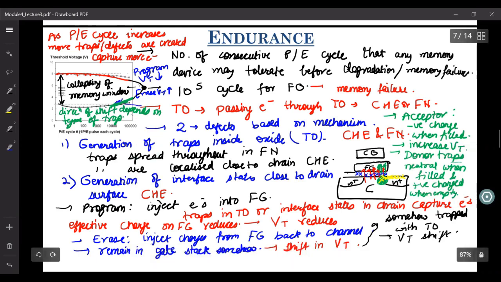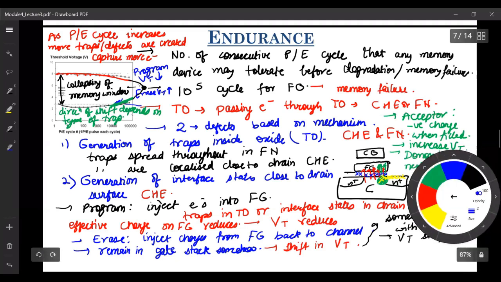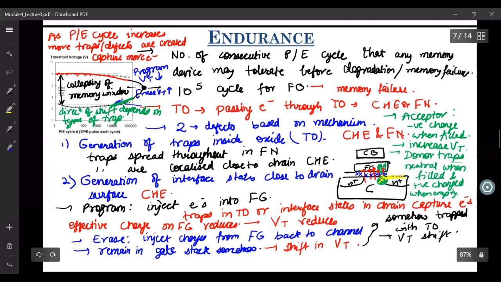If your donor traps are dominant and most of them are vacant, it can also lead to a reduction in the erasability. If both the programmability and erasability are following the same trend, if both are reducing or both are increasing, that is perfectly fine. But if they are following opposite trends, then there is this case of collapsing of memory window, and this is when you can say that your device has failed.